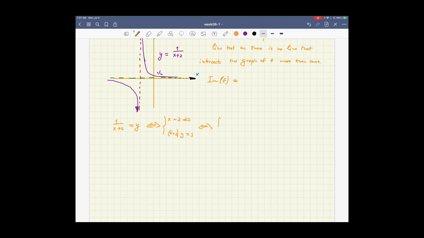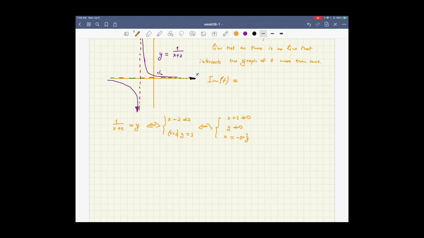And so to solve this for x, we must have y not 0. And if y is not 0, x is simply negative 2 plus 1 over y.